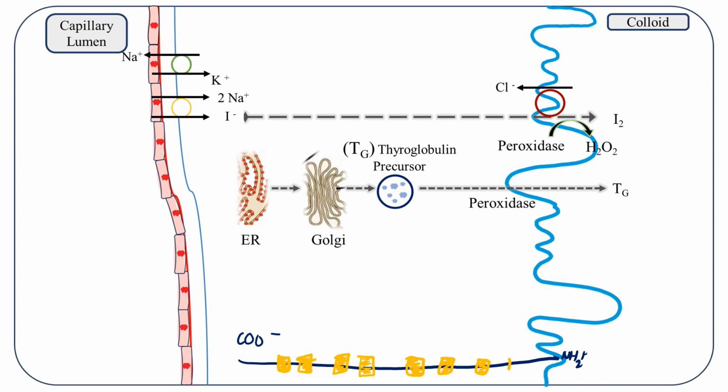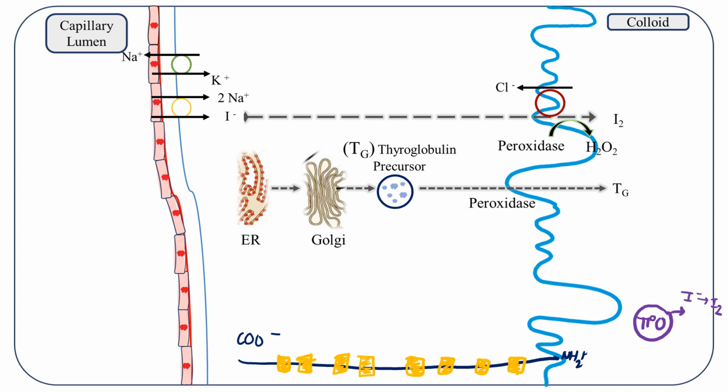Now in the previous slide we read about an enzyme called TPO. Now this TPO has multiple functions. One, it was leading to oxidation of iodide to iodine, correct?